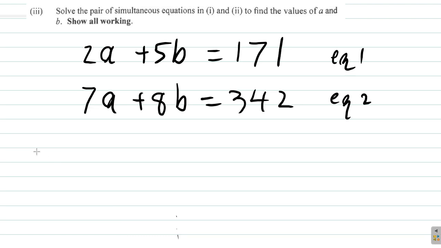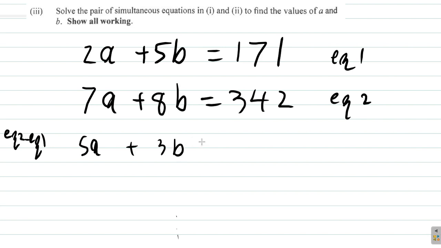Suppose you subtract them. Since equation 2 has the larger numbers, suppose you say equation 2 minus equation 1, what would happen? 7a minus 2a would be 5a. You still have A. Alright? Plus 8b minus 5b is 3b.